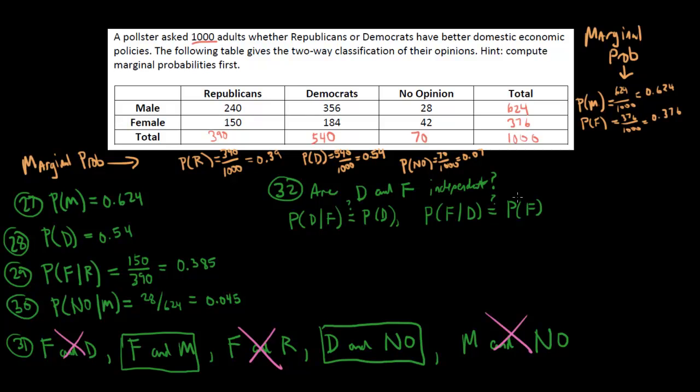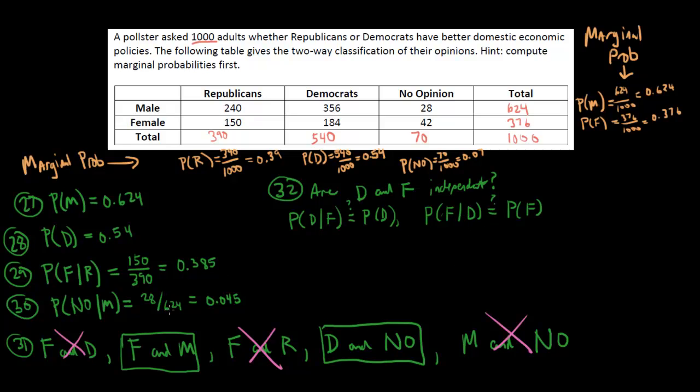Okay? Those are the two ways to check for independence. Now, it doesn't matter which one of these you use because the answer is going to be the same in both instances, either yes or no. If equality holds, then they're independent. If equality does not hold, they're not independent. Okay?